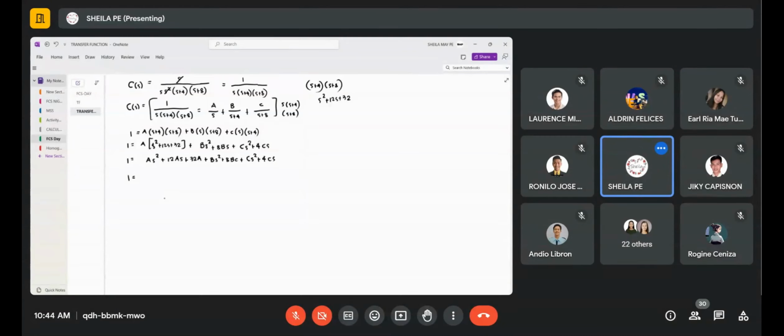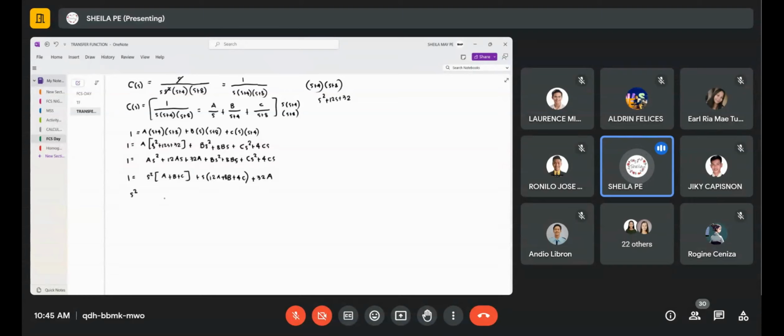Factoring out common, s squared (a plus b plus c) plus s, which is 12a plus 8b plus 4c, plus 32a.